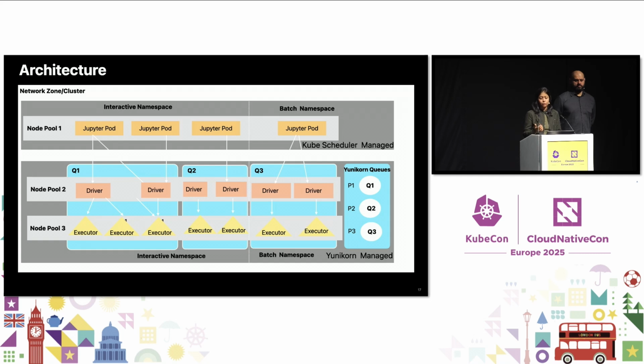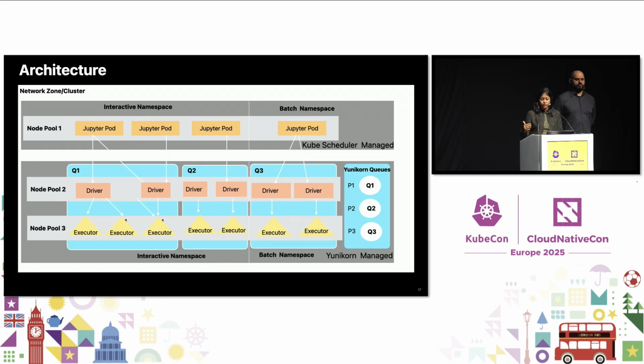So it is managed by the Kube default scheduler. And then the Spark driver is part of a different node pool too. And node pool 3 is for Spark executors, which are preemptible, and they can scale independently.